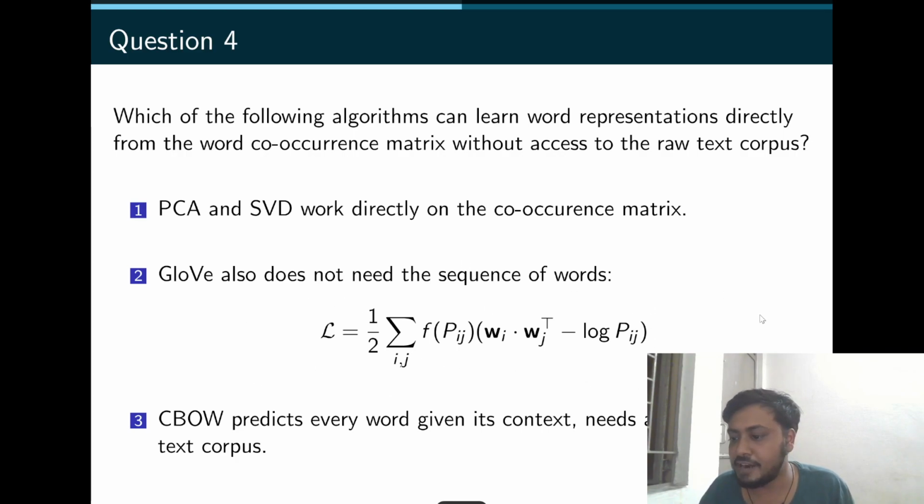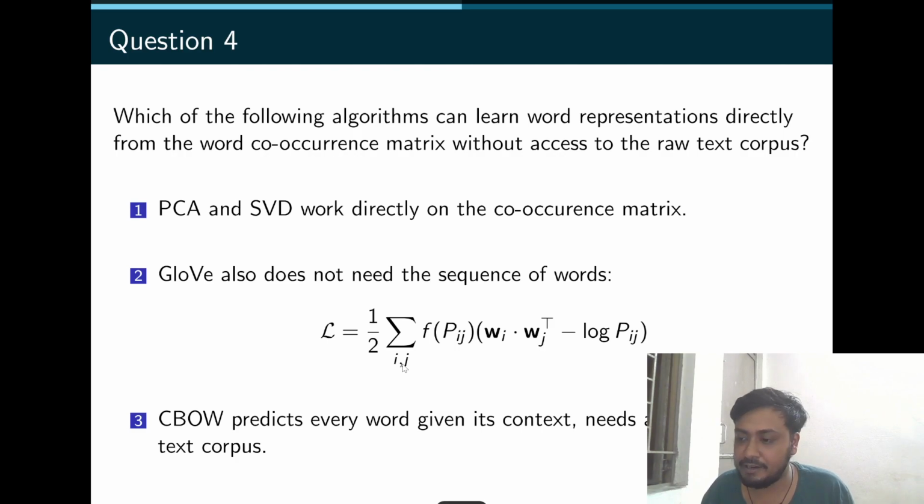CBOW and skipgram try to minimize the loss of wrong predictions for each word. But as you can see, this is a completely different loss function. For this loss function, you don't need an idea of the actual sequence of words. You just do it over all pairs of words.